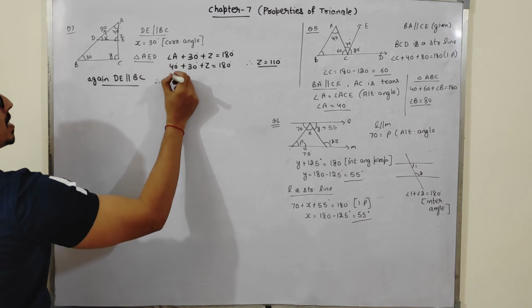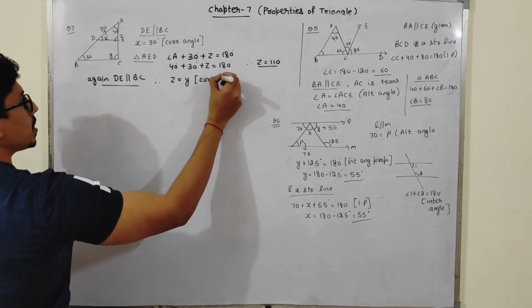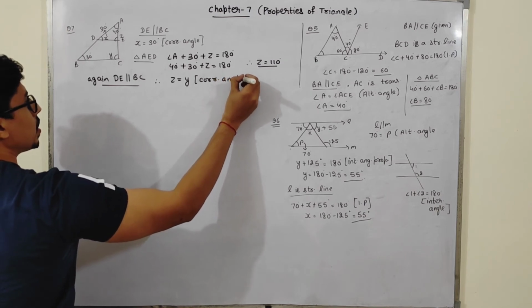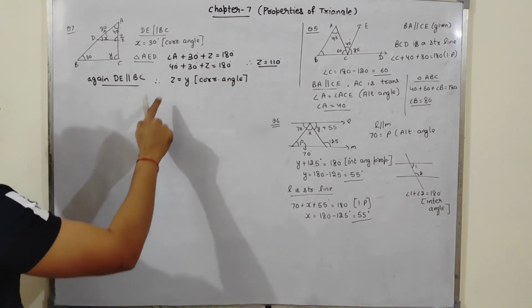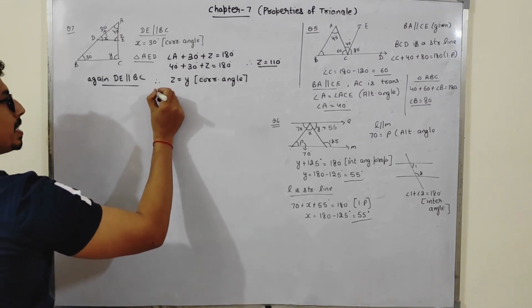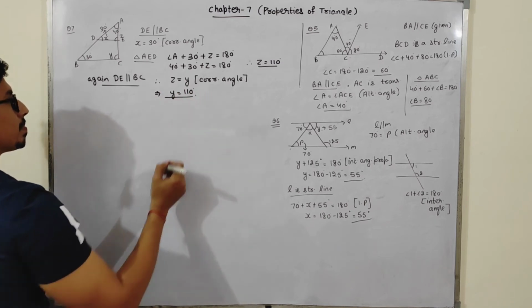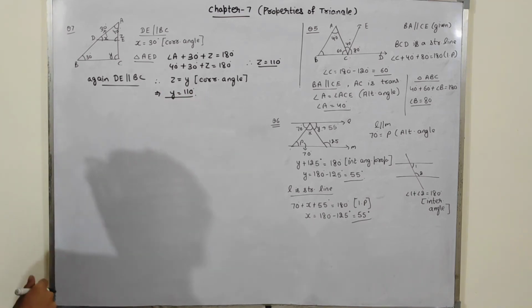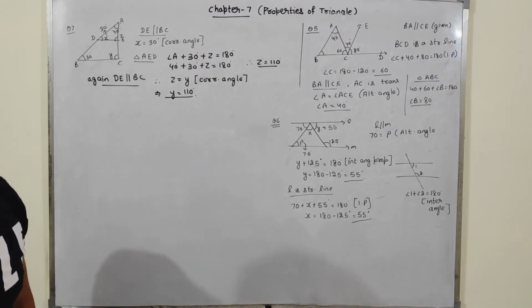Therefore, this angle Z is equal to Y because of corresponding angles. Z we have already found out. Z is 110. This means Y is 110 degree. Okay, students. So this is our required question number 7. Now moving forward to question number 8.